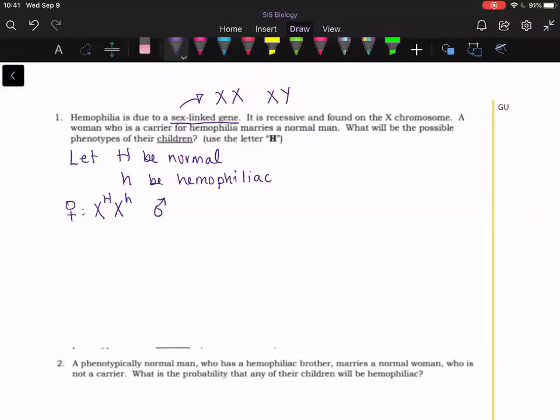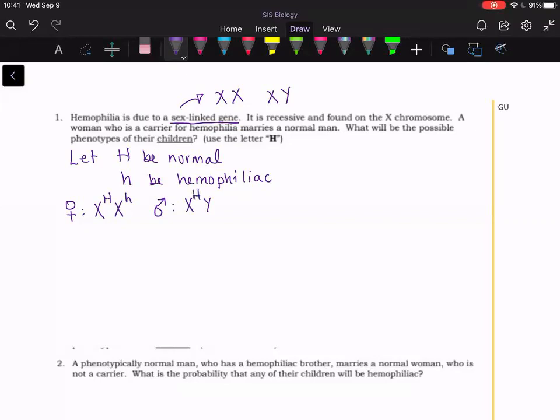Now, the male that she marries, he's a normal man. Well, if you look at his sex chromosomes, he has only one X chromosome. So the only way that he can be a normal man is if he has capital H.